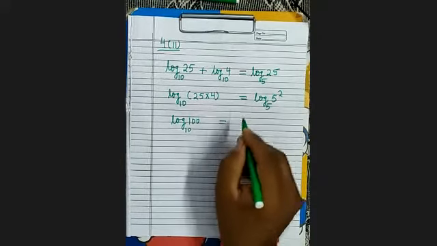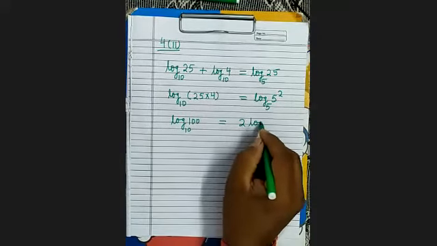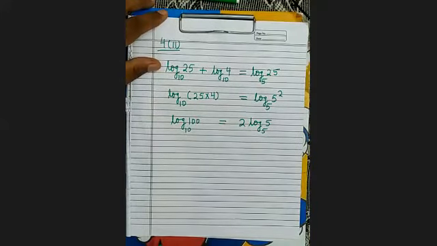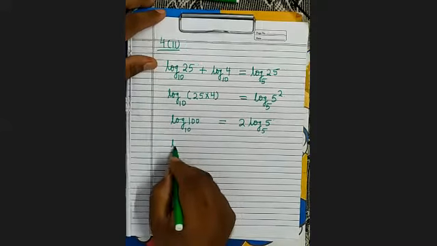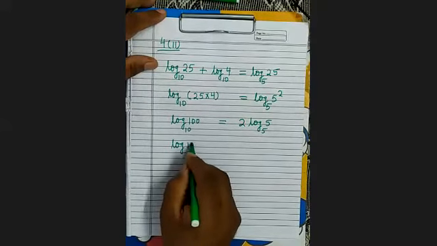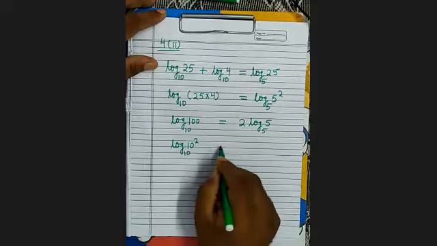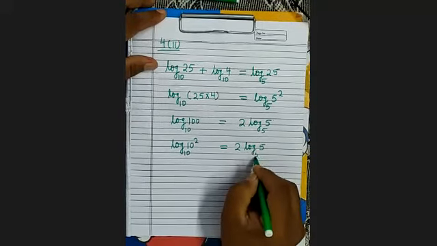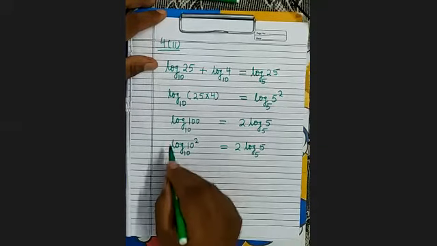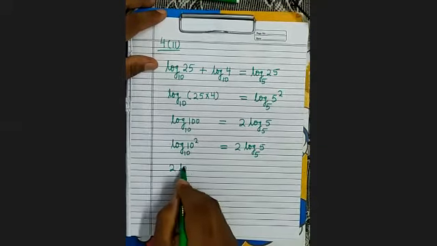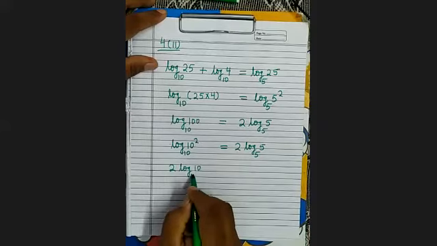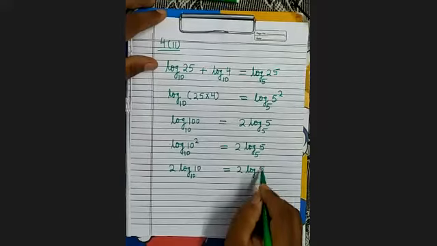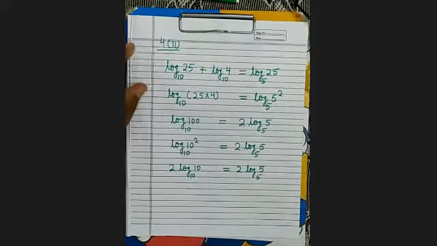And this you apply power rule, 2 log 5 to the base 5. Now log 100 can be written as log 10 squared to the base 10 equals 2 log 5 to the base 5. You take 2 before the logarithm. This way you have to.